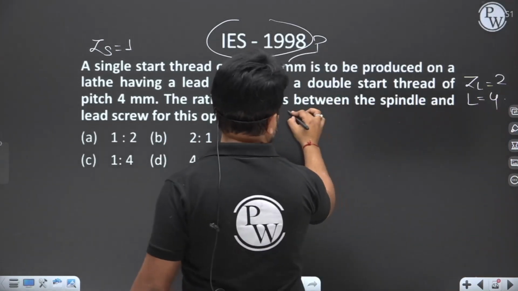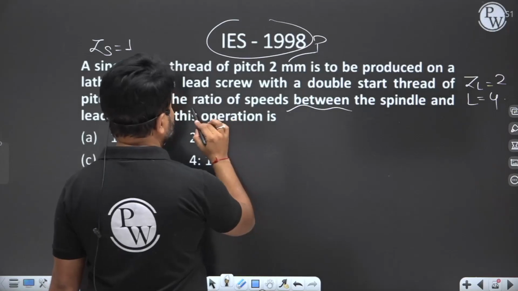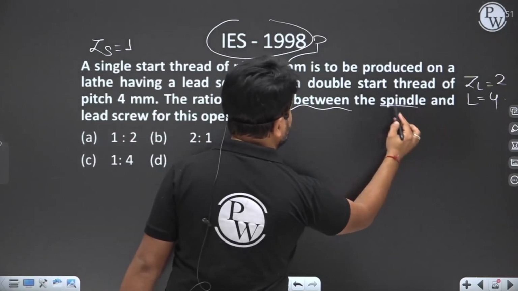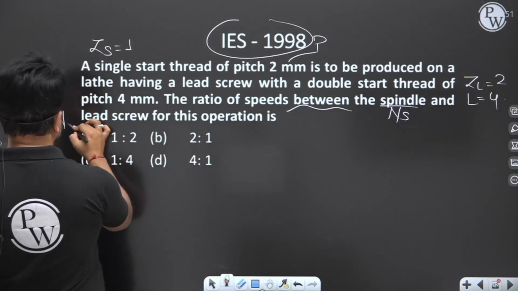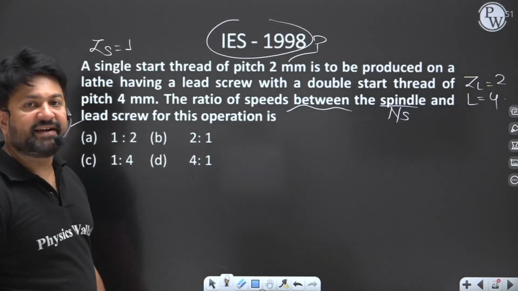The ratio of the speed between spindle, NS, and lead screw, NL, you have to find NS by NL.